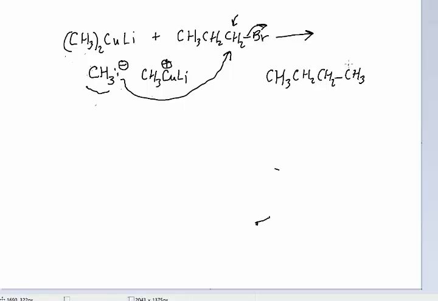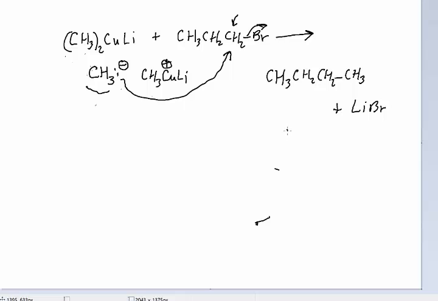Now the byproducts of the reaction, in this particular case, it's a little sticky, but I think it'll still make sense. What happens is the lithium comes off as a stable Li+ and coordinates with the Br to make lithium bromide. It's one of the byproducts. If you take the lithium away, what you're left with would be a neutral copper methyl compound.